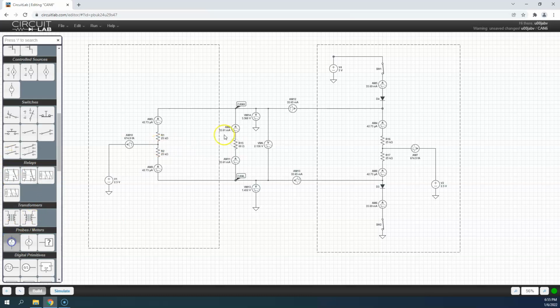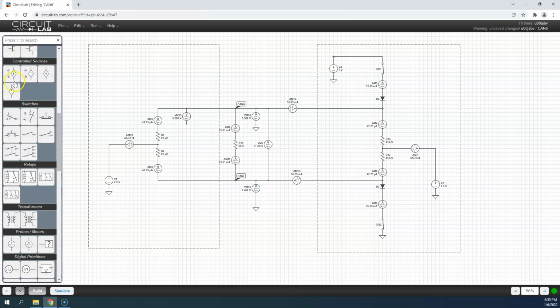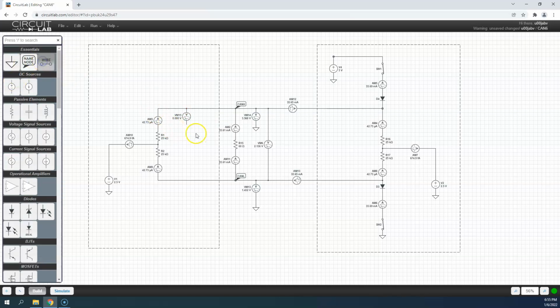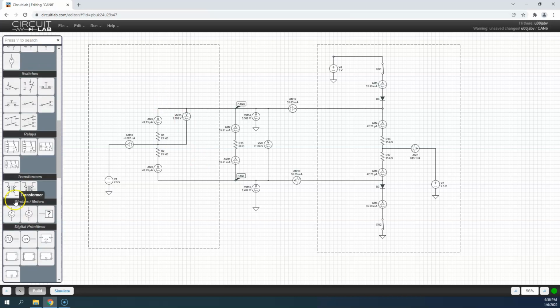This point is held at 2.5 volts. If I got really creative, I could take a meter inside of this and say, okay, I want to see what that is. Well, I can use this floating multimeter here. We can take it over and say, yes, it's 1.068 volts. And you see, I just changed some current there. I could do the same thing with the other side.